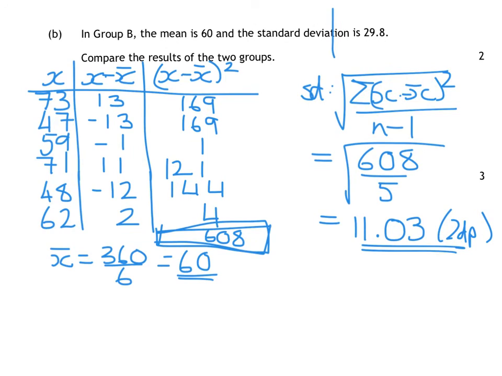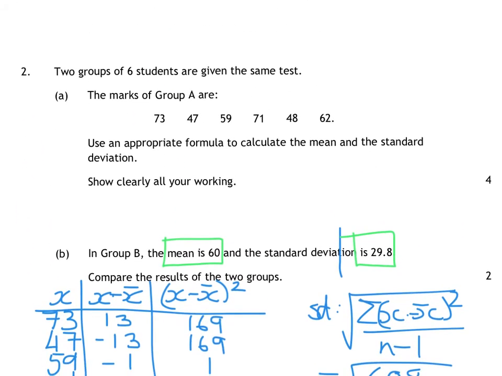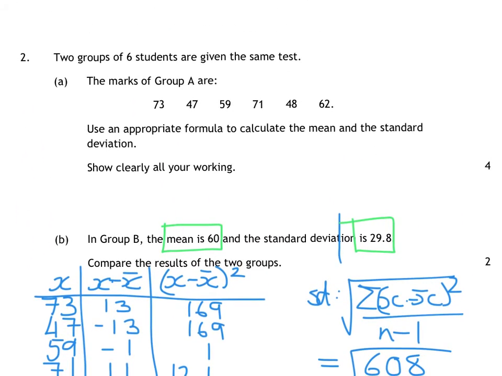So group A, the mean was 60 and the standard deviation was 11.03. In group B, the mean is 60 and the standard deviation is 29.8. Now, I've no clue what it's talking about, so I'm going to flip back to the top. We were actually talking about the groups of 2 students are given the same test.